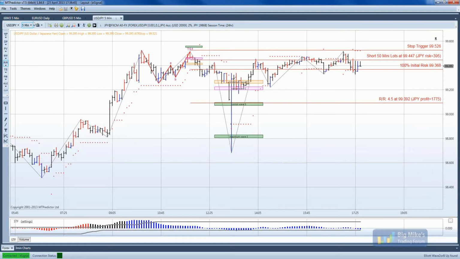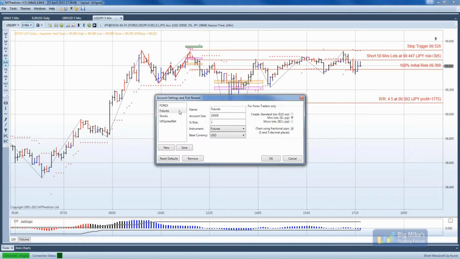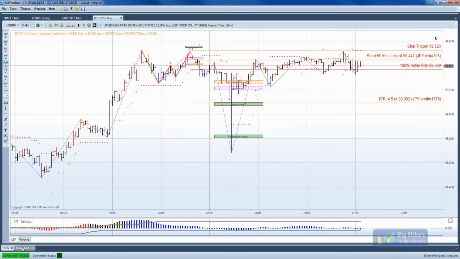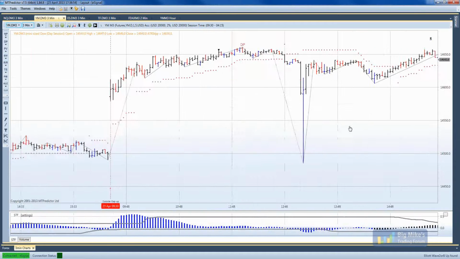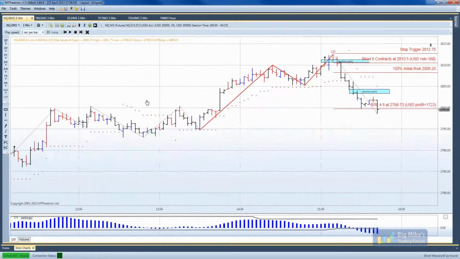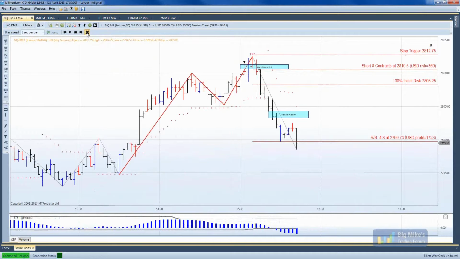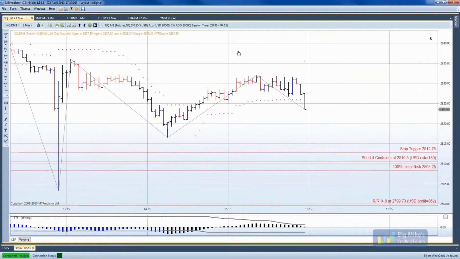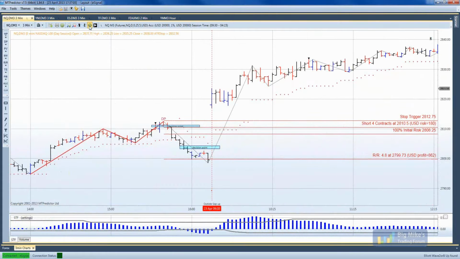So if I change that, tools, accounts manager, so for futures, percentage risk 1, and now if I go back to that NQ chart, rather than 8 contracts, if I refresh the chart, it will now go down to 4 contracts. So it's taking 4 contracts, but the stop level remains the same, the target level is the same, the entry level is the same. It's just the number of contracts that varied, because you're now risking 1% of a $20,000 account. You're not risking 2%. All right.